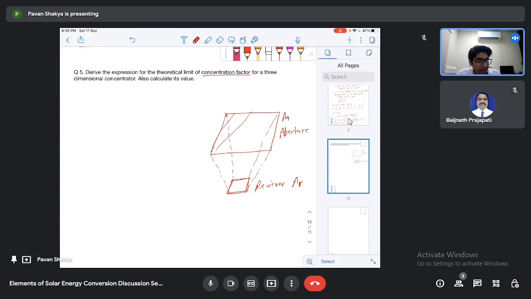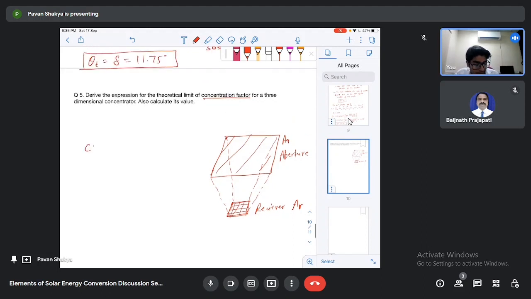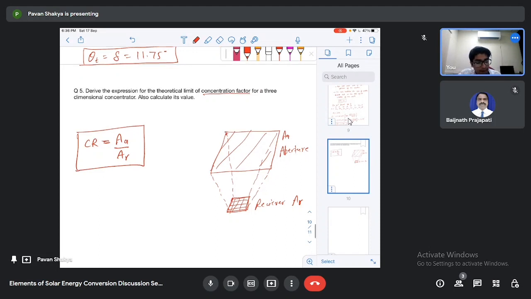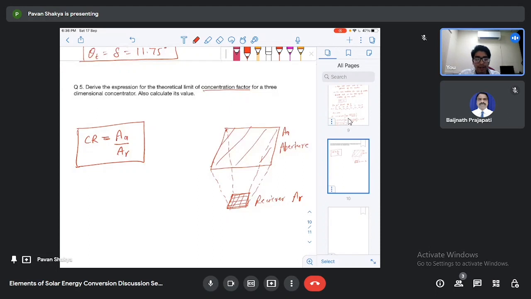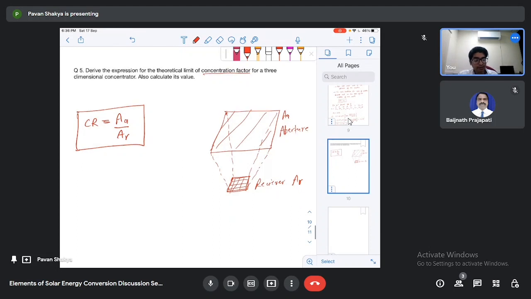Then the concentration factor is given by the ratio of the aperture area and the receiver area, that is equal to AA divided by AR. So this is the formula for the concentration factor. So we have to compute its maximum, also called the theoretical limit of this concentration factor.